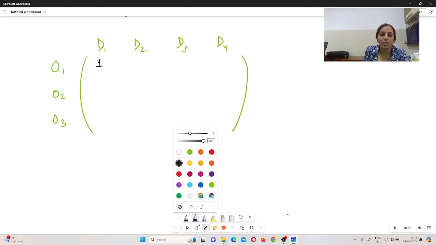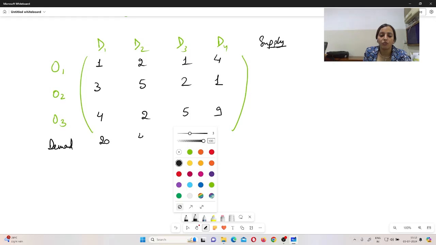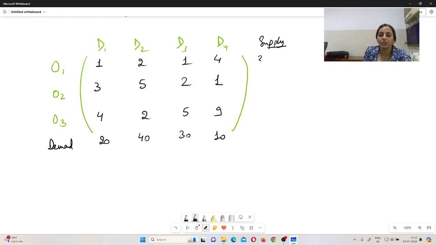Put it over here: 1, 2, 1, 4, then the values 3, 3, 2 and 1. Next one is 4, 2, 5 and 9. And we have the demand 20, 40, 30 and 10, and the supply 30, 50, 20.